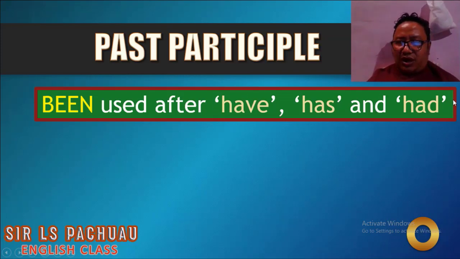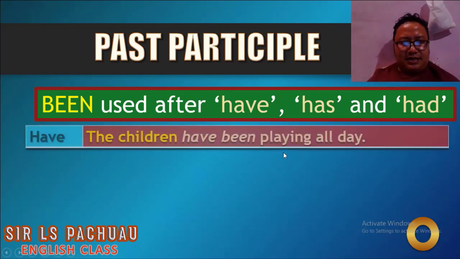In the first term, we learned that have, has, and had are belonging verbs. But when we are going to use been, this been is a state verb or be verb. So when we are going to use it in a sentence, we have to add this have, has, or had.